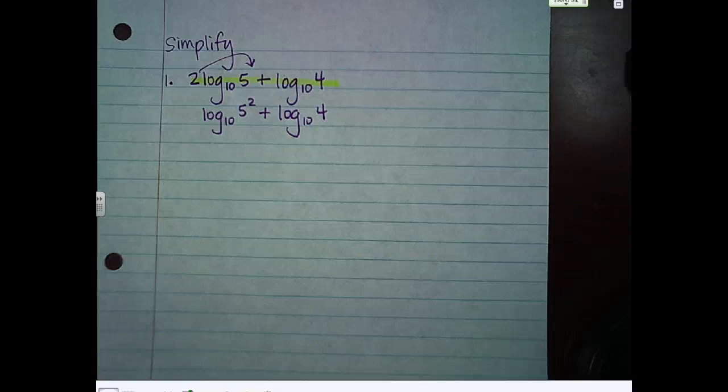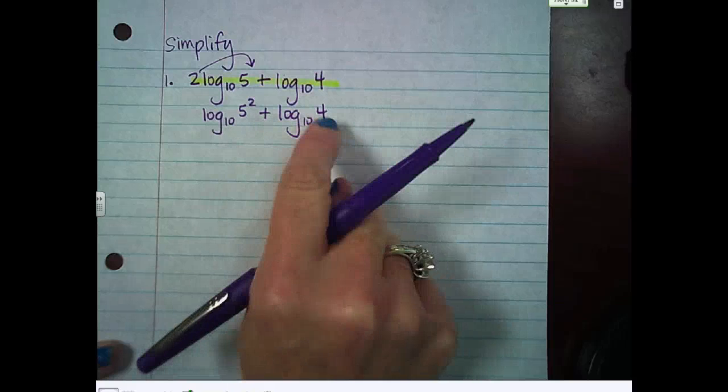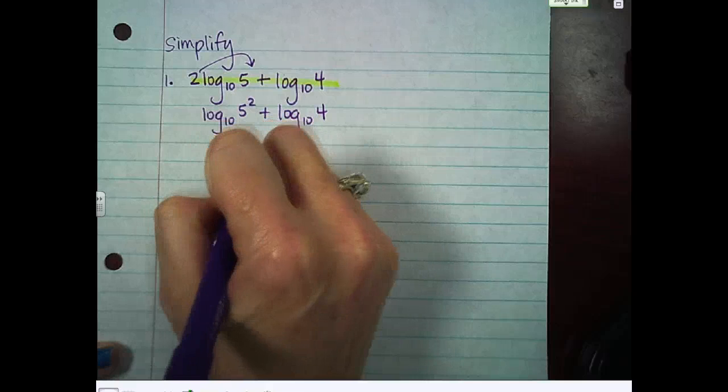Now I'm going to write down this step because it's notes, but this is not required. Some of you can do that part in your head. So now since it's plus, the property says you can multiply the 5 squared and the 4 together. So 25 times 4 would be 100. So log base 10 of 100. What is the log there? How do I get from 10 to 100? What's the exponent? 2. Good.